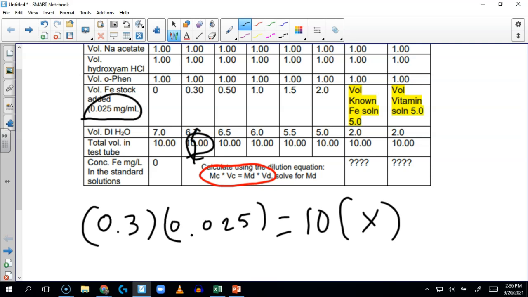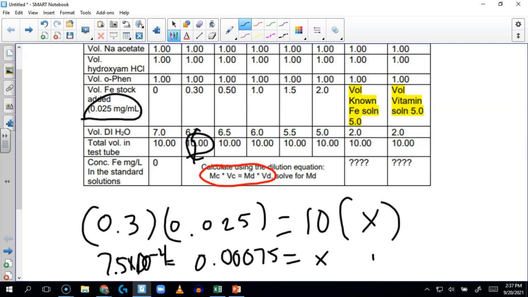So when we do all our calculations, we are going to get an answer of 0.00075. In scientific notation, that's 7.5 times 10 to the minus 4.